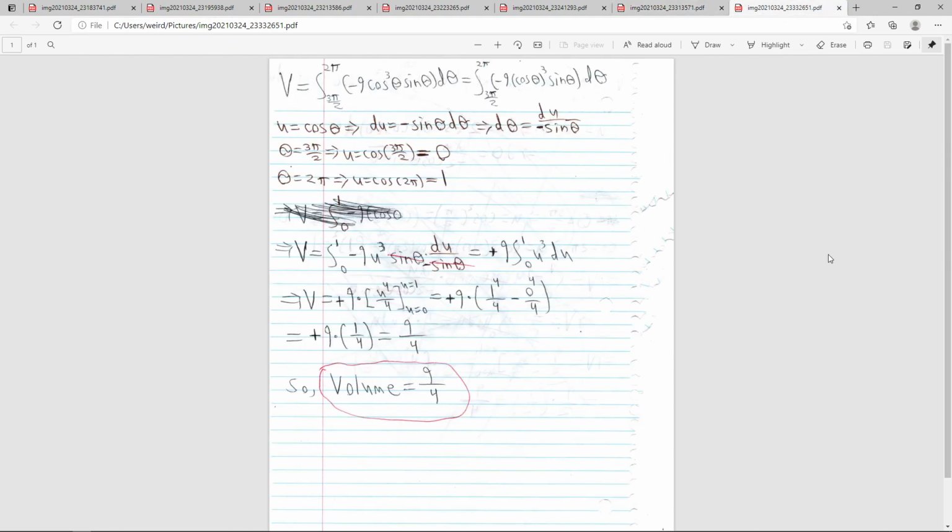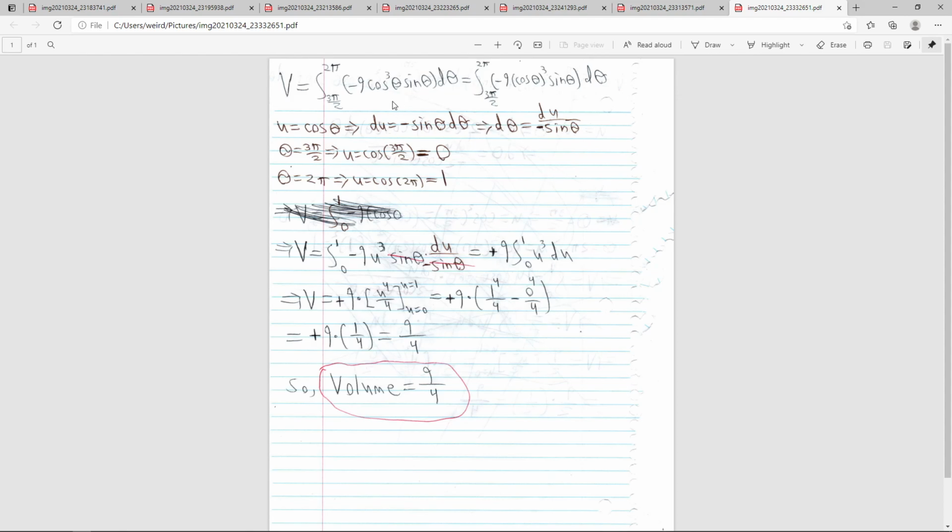And the final step is solving this. Between 3 pi halves and 2 pi, this has to be integrated. You can rewrite this as negative 9 times cosine theta, that whole thing cubed, times sine theta. u equals cosine theta means that du equals negative sine theta d theta, so d theta equals du over negative sine theta.